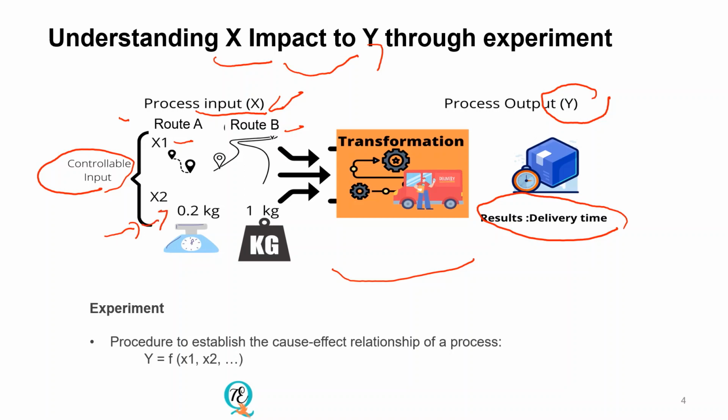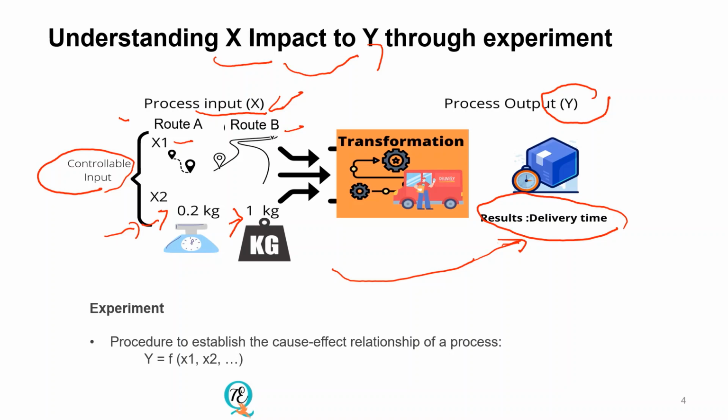It could be 0.2 kg, 1 kg, and check if there is any significant impact on the delivery time, and what is the best setting for the weight and route to achieve the best or the lowest delivery time.